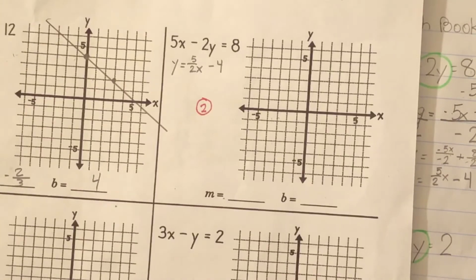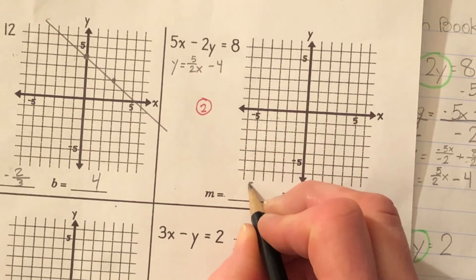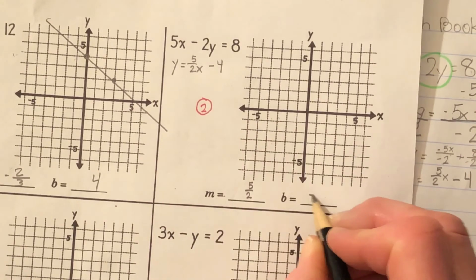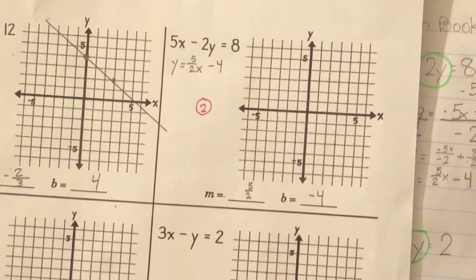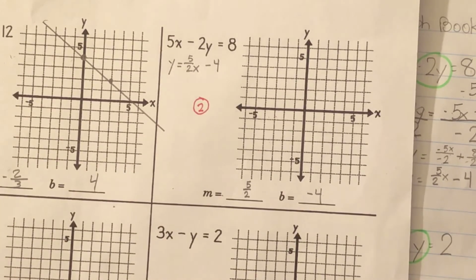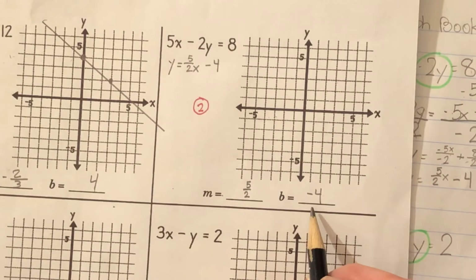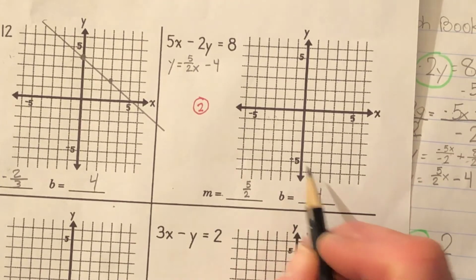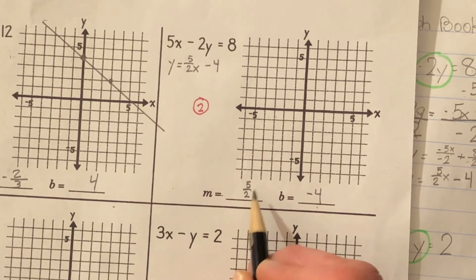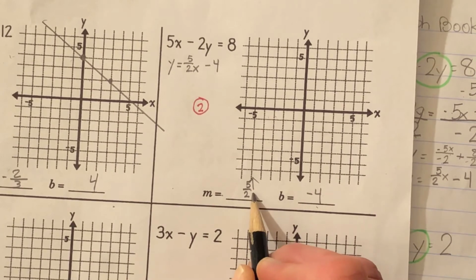My y-intercept is negative 4. My slope is 5 halves. I'm going to have you chart that, or draw the line. Start with your y-intercept point. You know that's going to be a negative 4. You know where that goes. And then do your slope up 5 over 2.